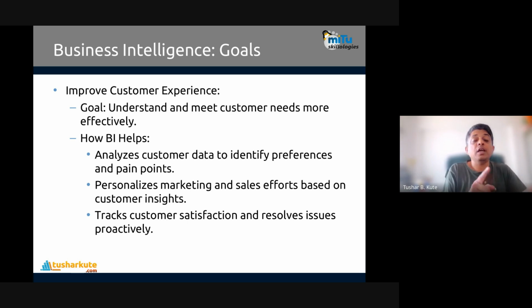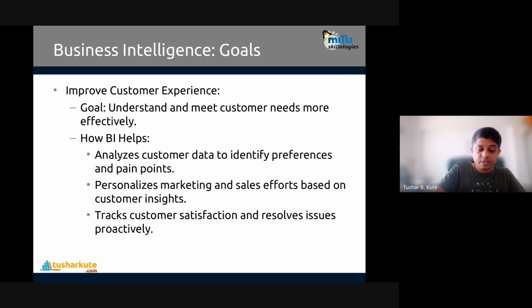How is it possible? Analyze customer data to identify preferences and pain points, meaning what the customer is liking and what the customer is not liking. Pain points are things they are not aware of, or that they don't like, or like most. Then personalized marketing and sales effort based on customer insights.